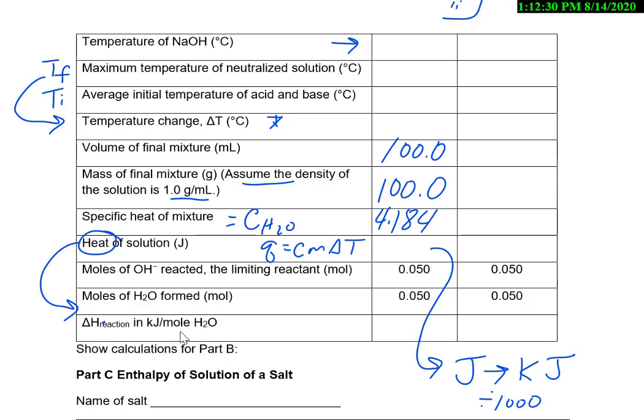And then we need to divide by our moles of water. And what we are told here in your lab manual is that you have produced 0.050 moles of water. So once you do joules to kilojoules, you'll divide that whole number by 0.050 moles because that'll give you kilojoules per mole. So that's how you'll find enthalpy for both of those reactions provided there.